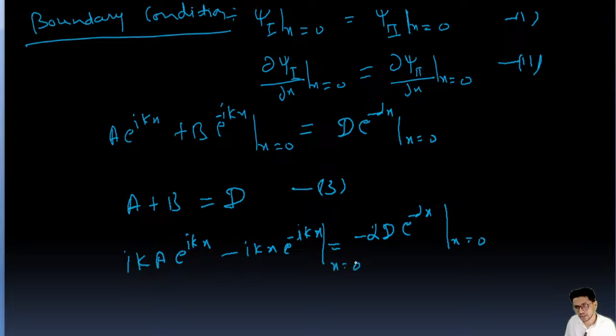We'll solve it. So this is going to be ik a, e to the power 0 is 1, minus ik b, there is b as well, equal to minus alpha d, e to the power 0 equal to 1, right?